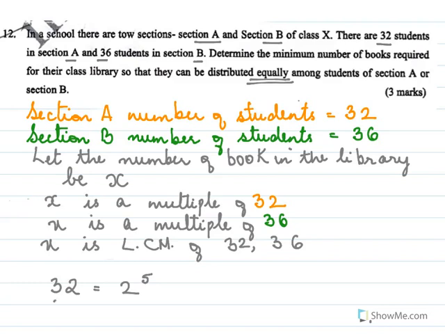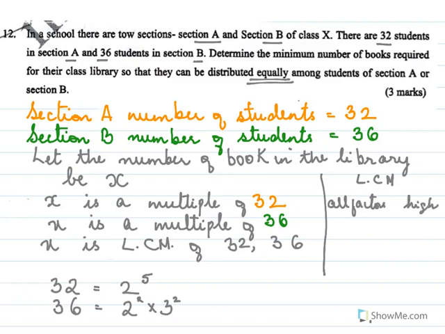32 is 2 raised to 5 and 36 prime factorization is 2 raised to 2 into 3 raised to 2. Now when we find LCM, to find LCM, we write all factors with their highest power. So the factors here are 2 and 3.